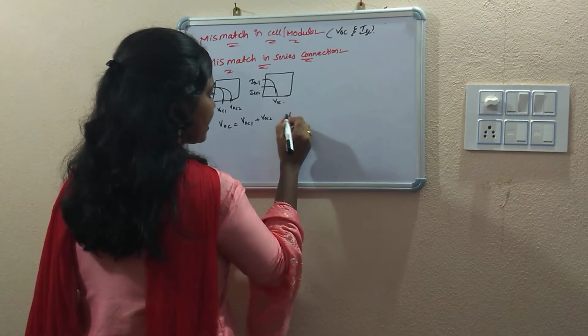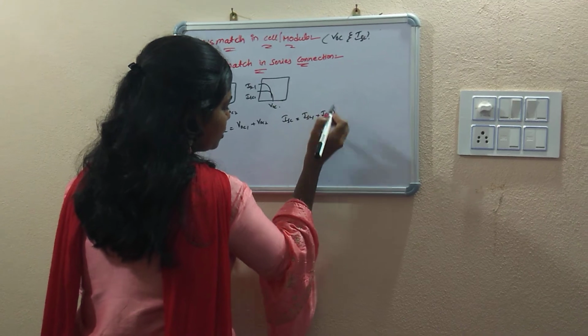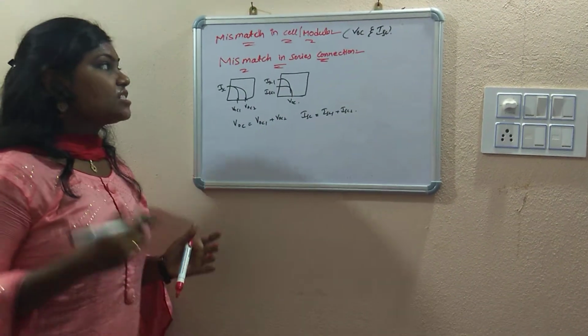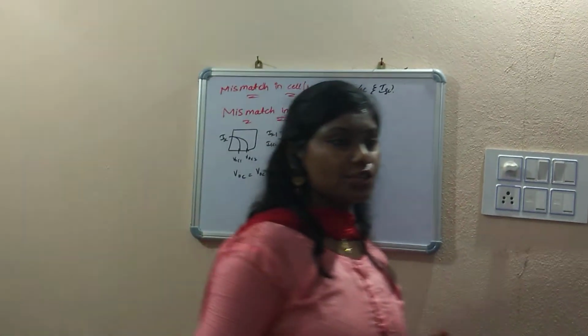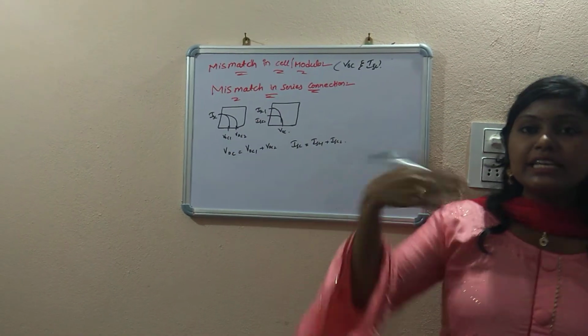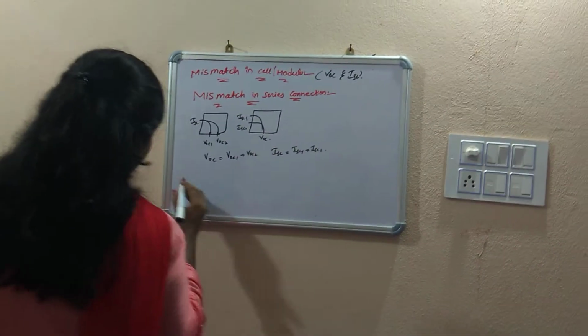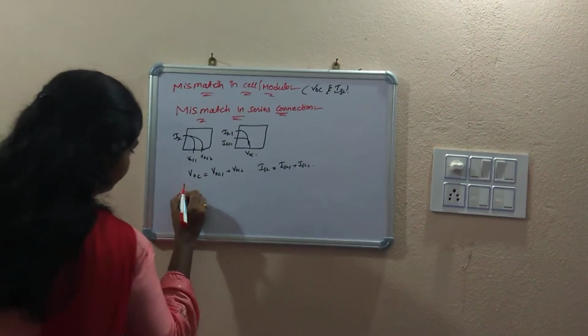The output current is determined by the cells' currents. In series connection, voltage is added, so the mismatch mainly occurs in open circuit voltage. In the mismatch in series connection, we also have hot spots in the module.